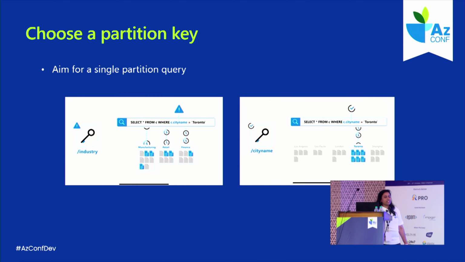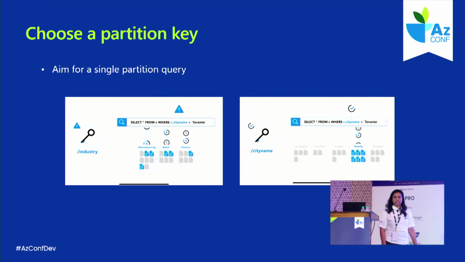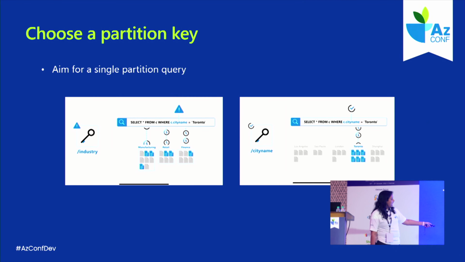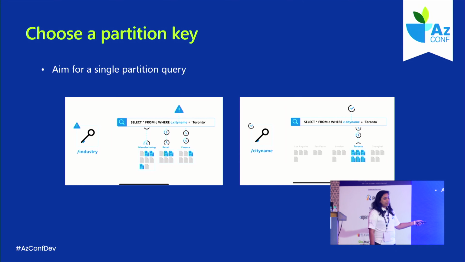The second thing is you have to aim for a single partition query. For example, say we have industry as our partition key. We have manufacturing, retail and finance. I want to get data where the city name is Toronto. Toronto will be in the manufacturing department, retail department and finance department.